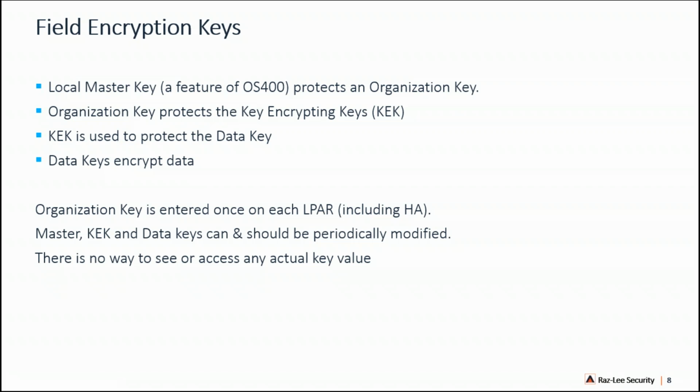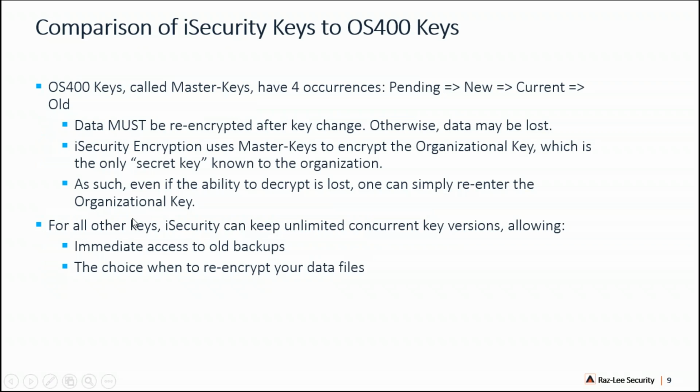The organization key is entered only once in every system, and it should be the same, and it should be kept in the safe of the organization. If it is lost, we shall not be able to restore it or to provide it. Data will be lost. Okay, let's continue.